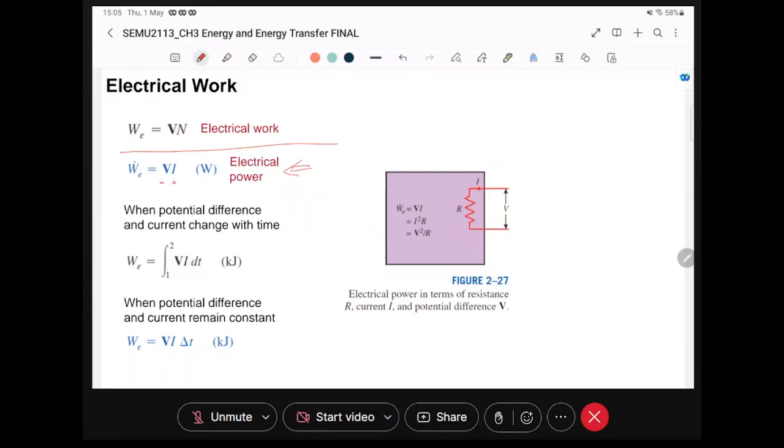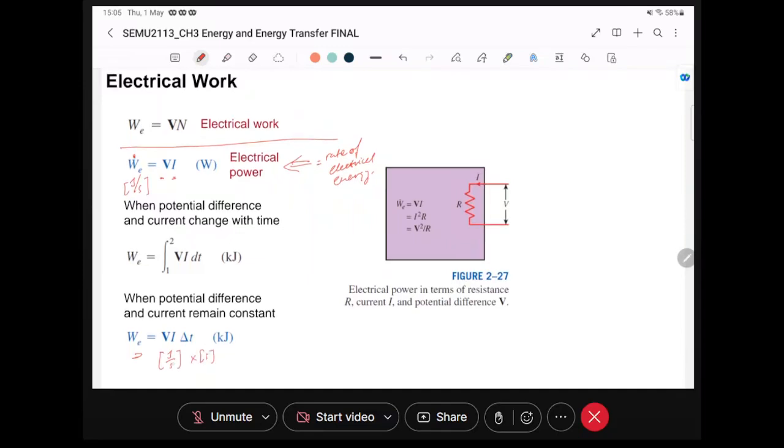But it's power, so it's a rate of electrical energy. And for us to get the work, because this is a rate, in joules per second, to get the joules we have to multiply by the time.